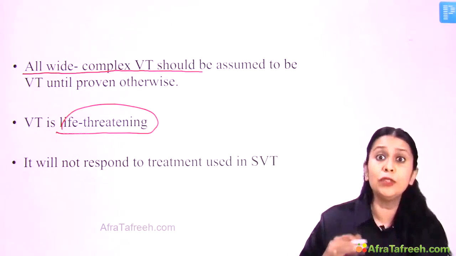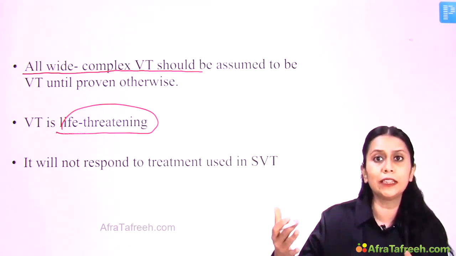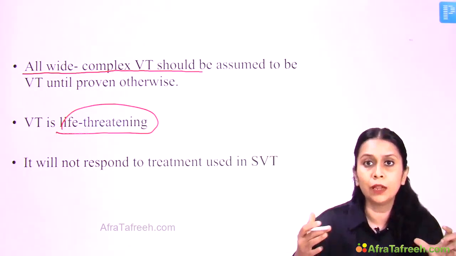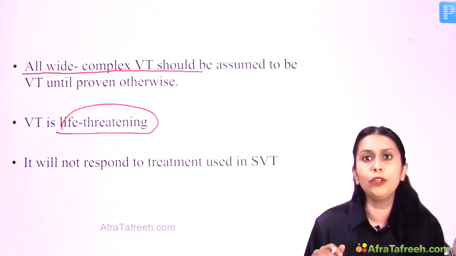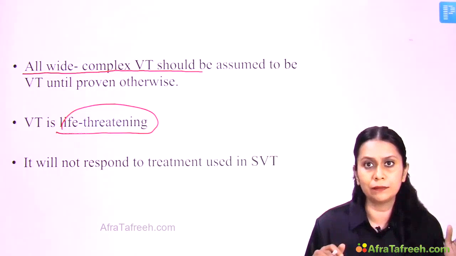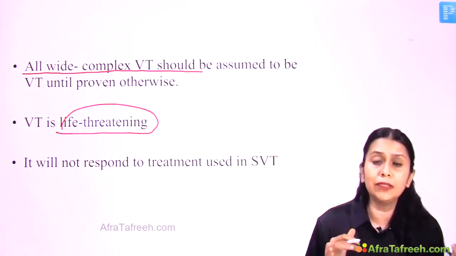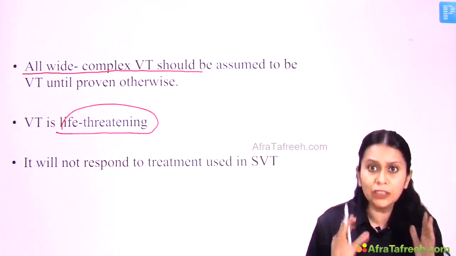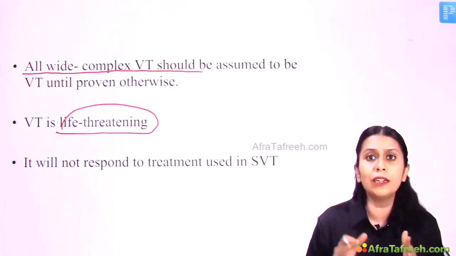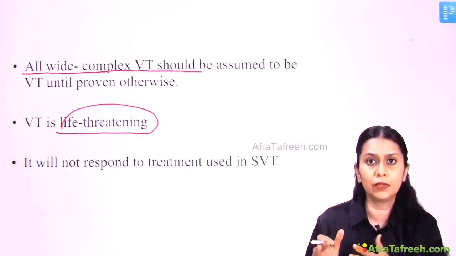And the drugs which we use for treating supraventricular tachyarrhythmias, like AV nodal blockers, would be of no use in ventricular tachyarrhythmias. So it would be just a wastage of time thinking that it was a supraventricular tachyarrhythmia with an aberrant pathway. Rather, we should think it is a tachyarrhythmia of ventricular origin, right?